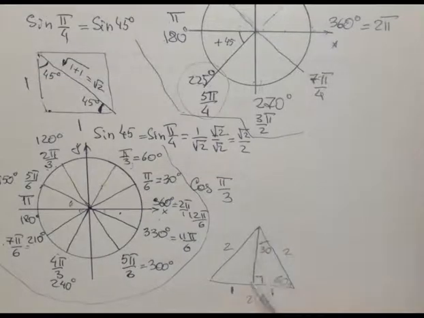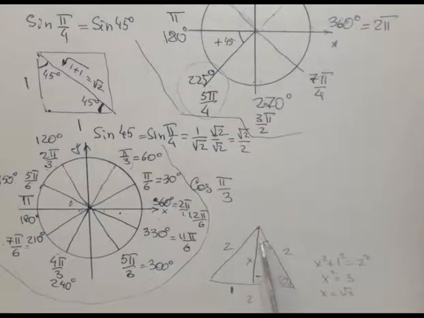We need only to know the length of this leg, let us call it x. x squared plus 1 squared equals 2 squared, and we can solve it: x squared equals 4 minus 1, 3, so x equals square root of 3. So we can find sine and cosine of 30 and of 60 from this triangle.